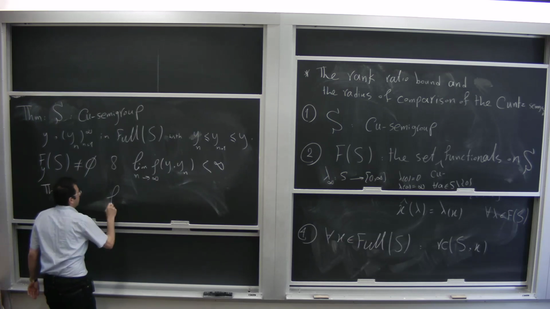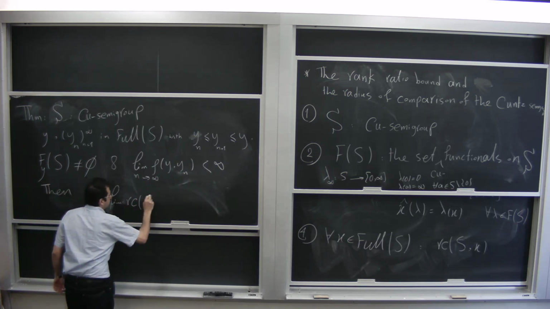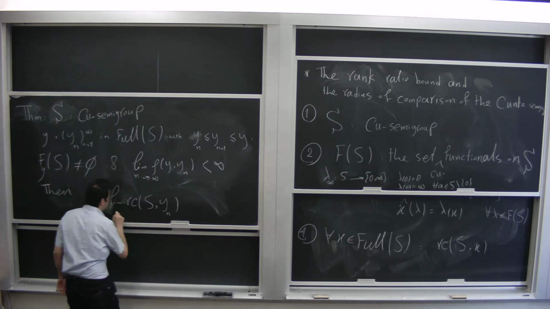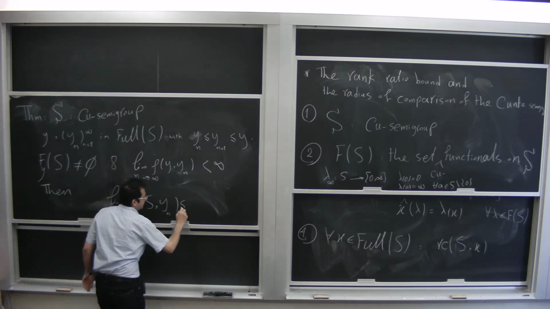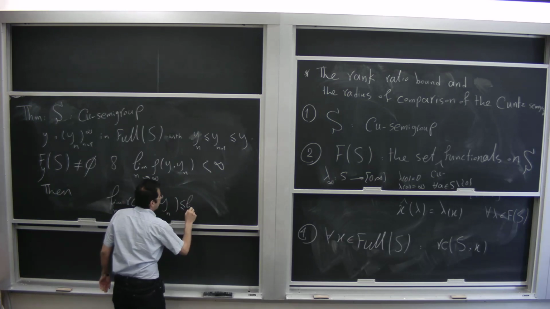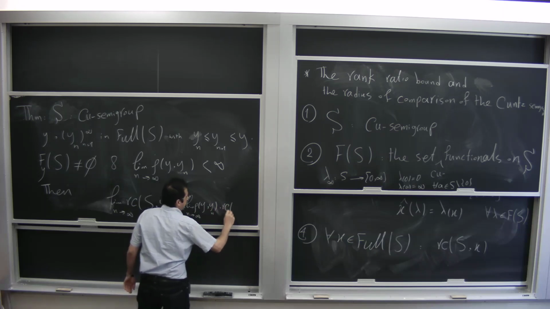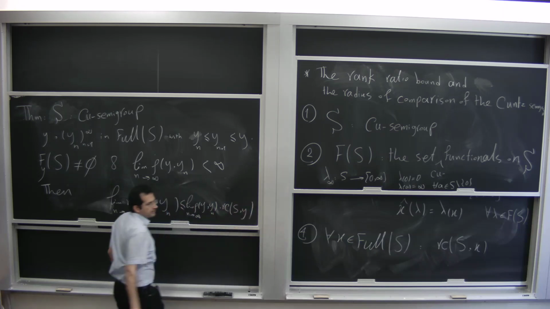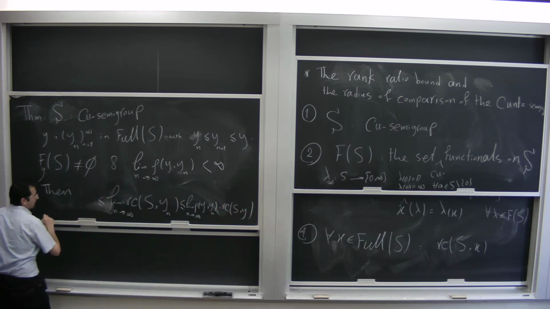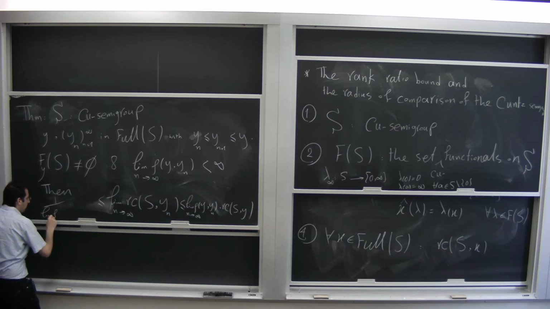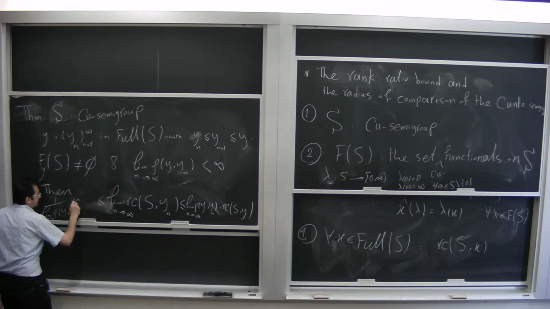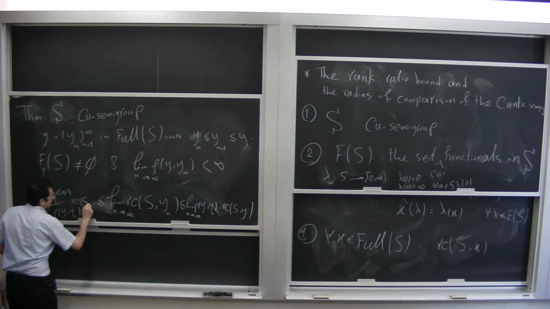The main theorem is that the limit of RC of S with respect to Yn, as n goes to infinity, is less than or equal to the limit of rho of Y and Yn, n goes to infinity, times RC of S and Y. And here I have this lower bound, 1 over the limit of rho of Y and Yn, n goes to infinity, times RC of S with respect to Y.